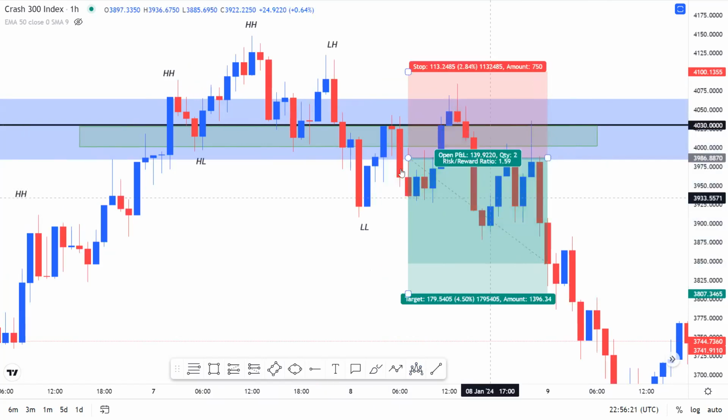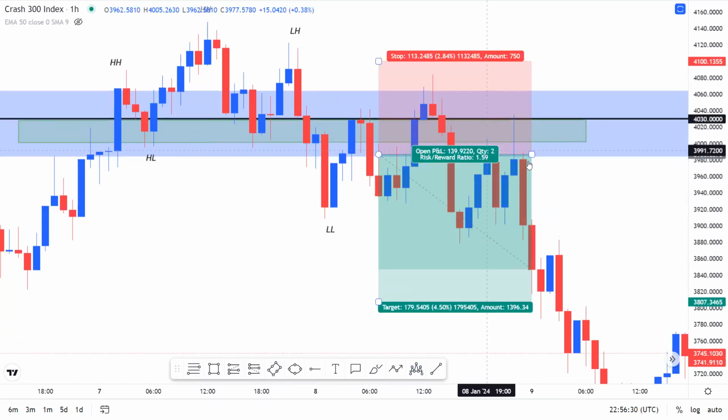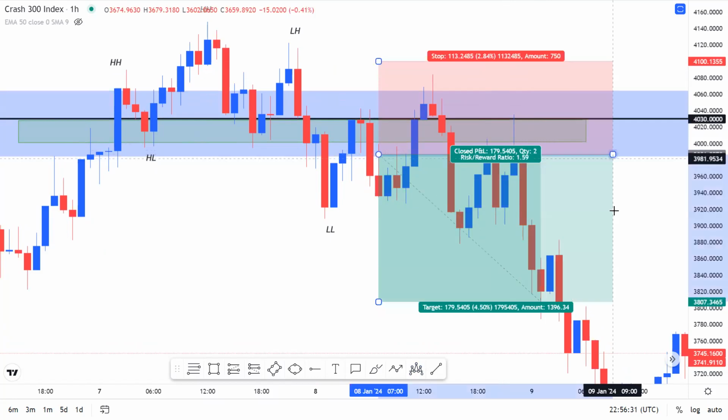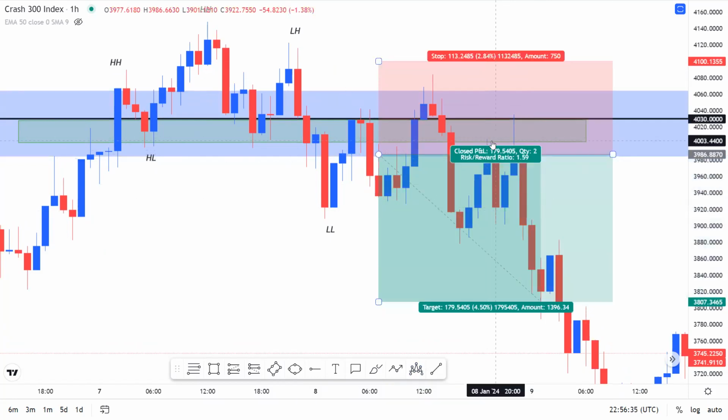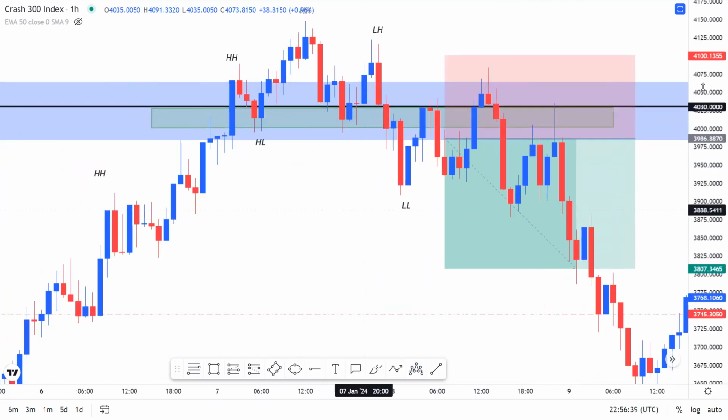And then anyone who had missed this very entry, price kept on giving us more and more entries for sell, which we ended up taking.